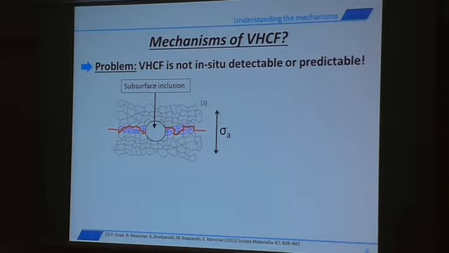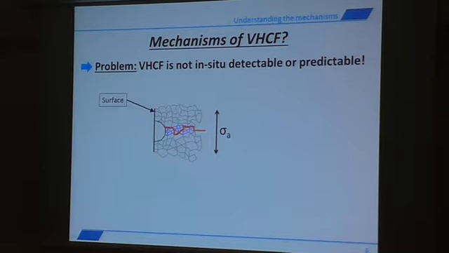But we all have to deal with the problem that we can't in situ detect the failure, and we can't predict where it happens. So we only see the final fracture surface, and we can only guess how it had happened because we just see the result but cannot detect how it really forms.